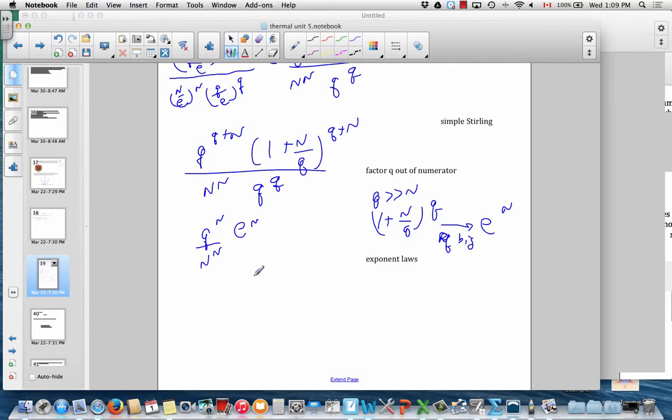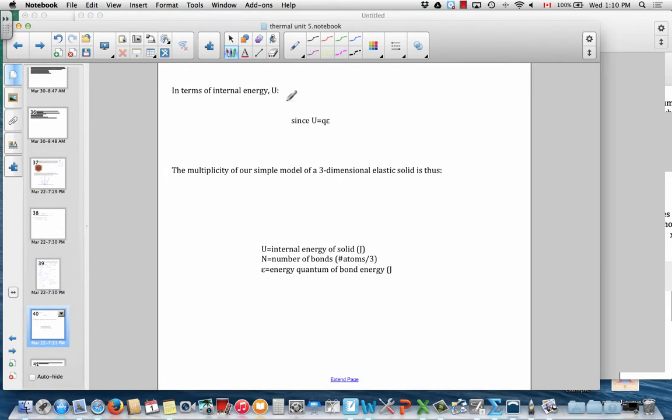And so I come up with this expression for the number of ways of distributing q quanta over n bonds. It's just q e over n to the n. Now, in terms of the internal energy, U is q epsilon, or q is U over epsilon, and that's epsilon, the energy per bond quanta.